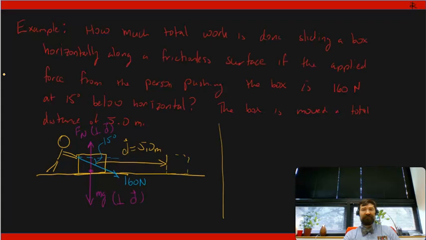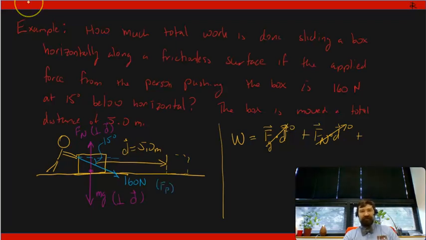Okay, so what's left is work, we could say, is Fg dotted with d, that is 0, plus Fn dotted with d, that is 0, plus whatever push force, we could label this thing here as like F push or something like that. So plus F push dotted with d.